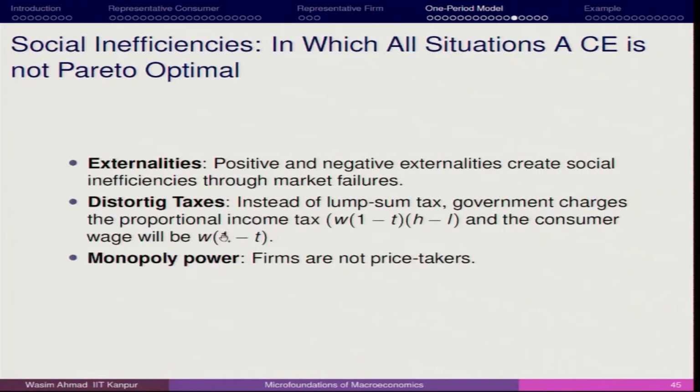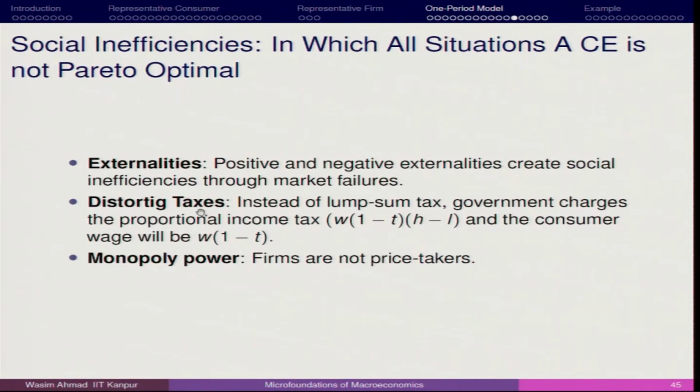Then in that situation, the shock in W times (1 minus T) that this representative consumer sees has to be compensated by decreasing leisure. So, maybe this person will have to work more hours, and in that situation the competitive equilibrium, even if you have achieved it with this tax rate, may not be optimal. Further, it requires a different kind of quantitative treatment, but that is not part of the course.